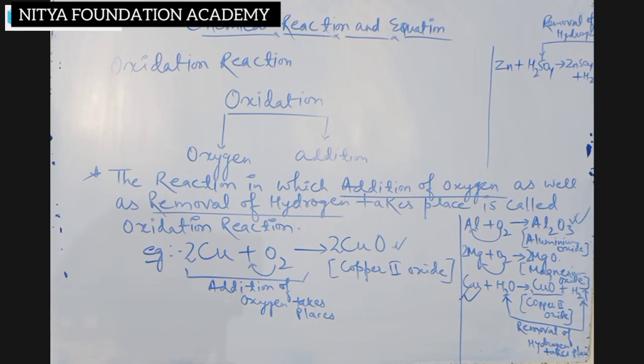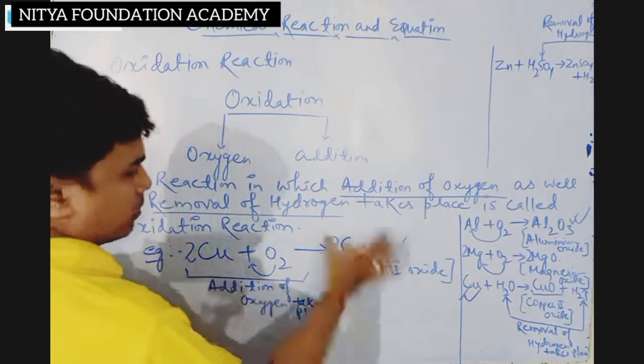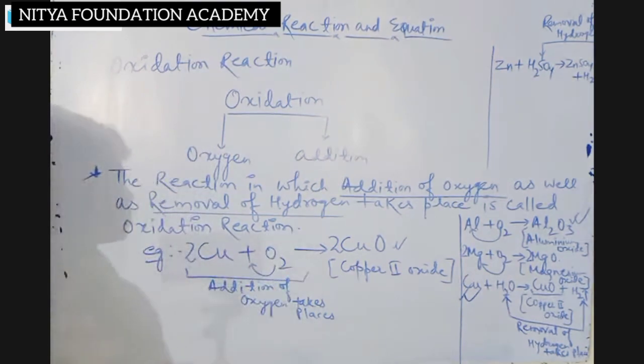Okay, now we are coming to the oxidizing agent. So here you can see that when oxygen is added to a metal, it produces a metallic oxide. So here oxygen behaves like an oxidizing agent.